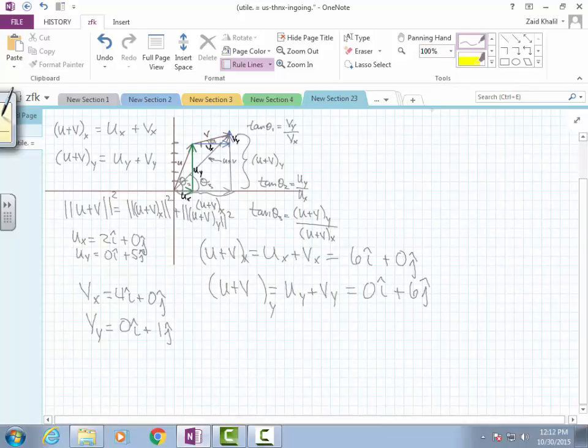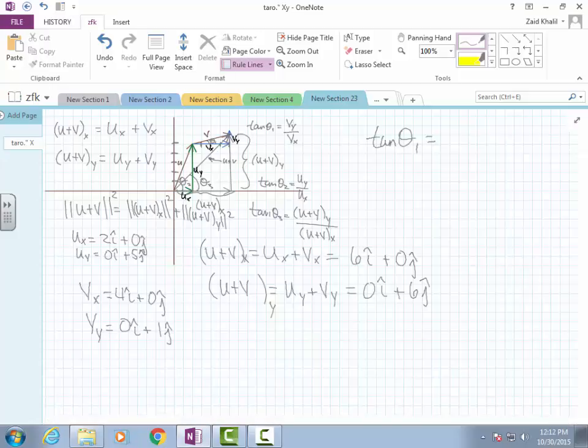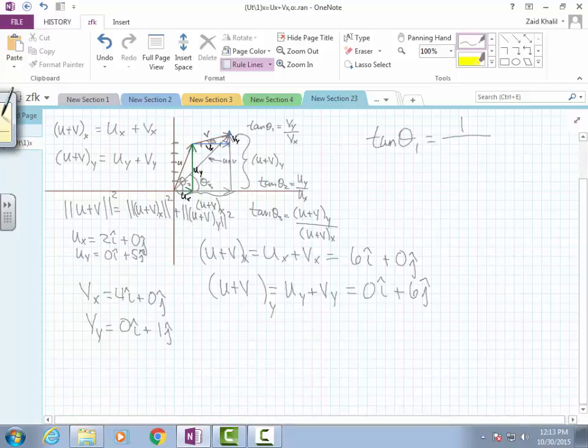So if I wanted to find theta 1, tangent of theta 1 equals Vy, which is, what's Vy? 1, over Vx, which is 4.